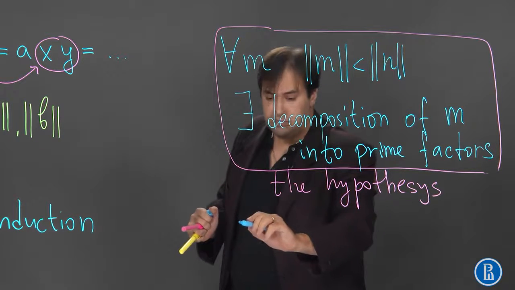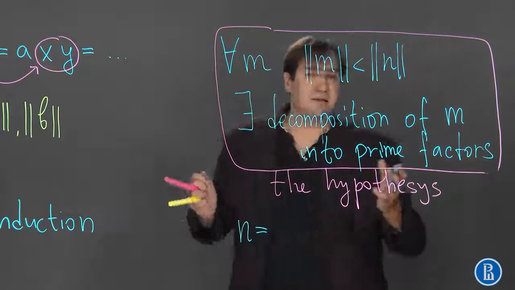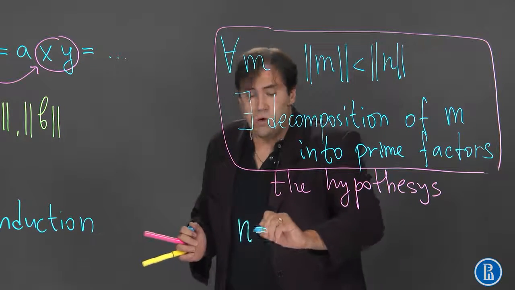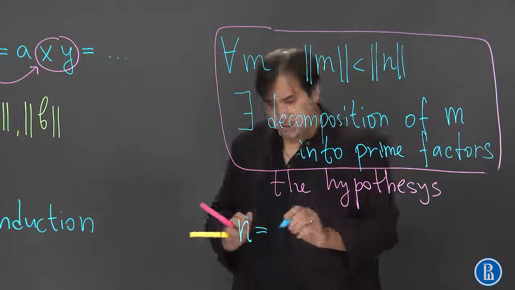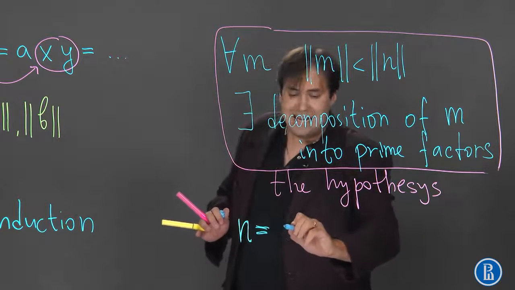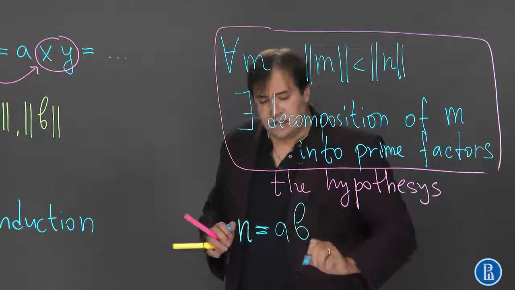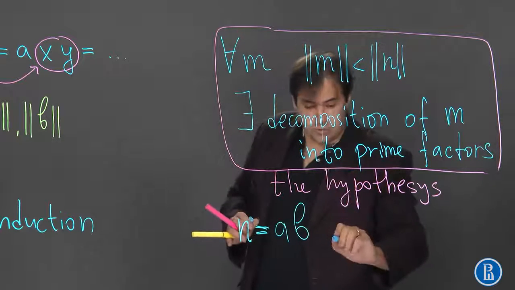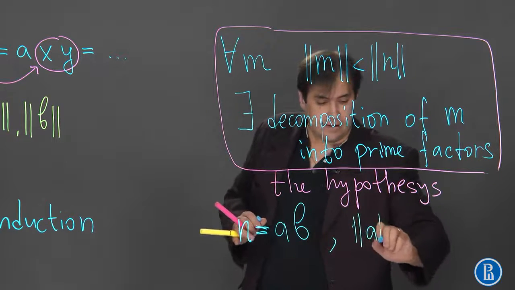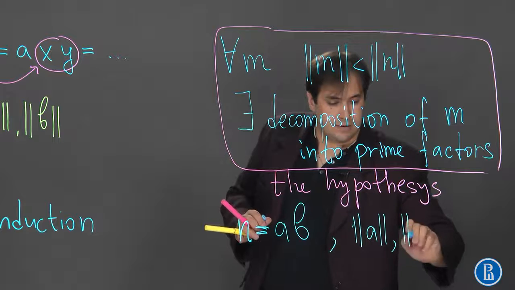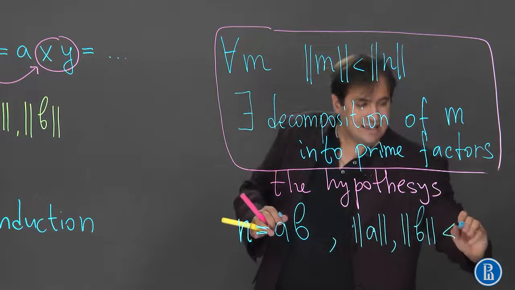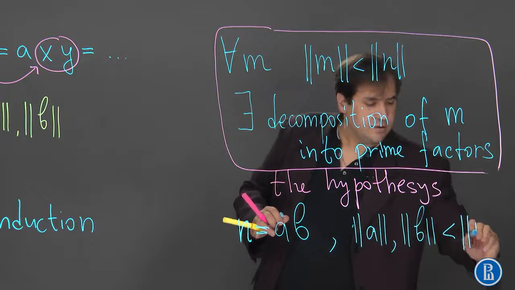Well, as I said in the beginning, it's either prime, then we also have a decomposition, or it can be represented as a product of two other elements, both of which have norm which is strictly less than the norm of n.